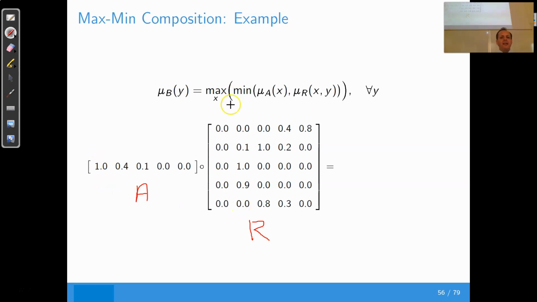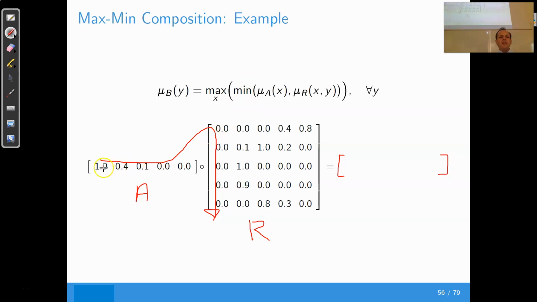To compute the result, the output will be a vector with 5 elements. Pay attention, because you are combining each element of this row with each element of this column.